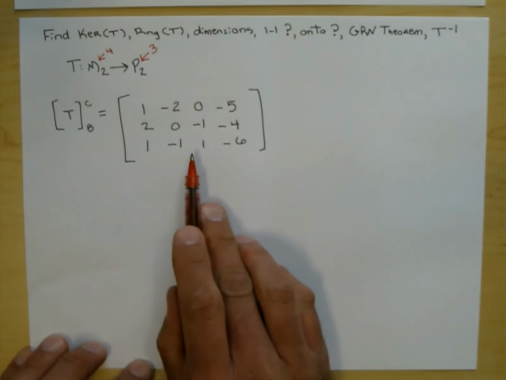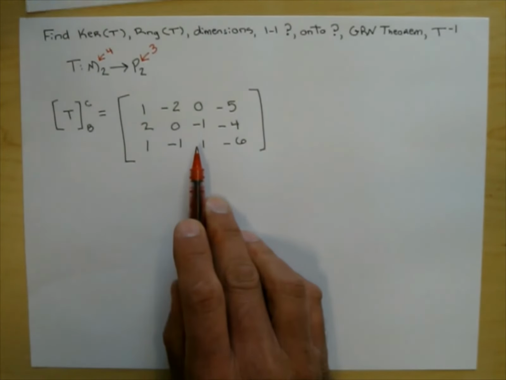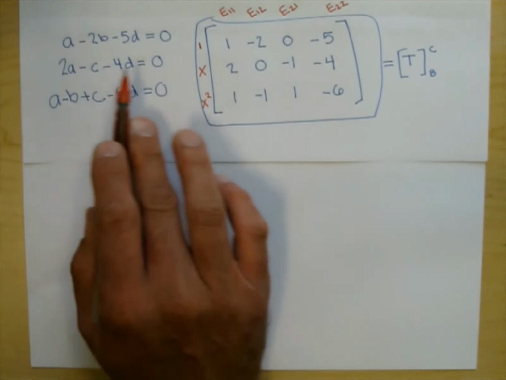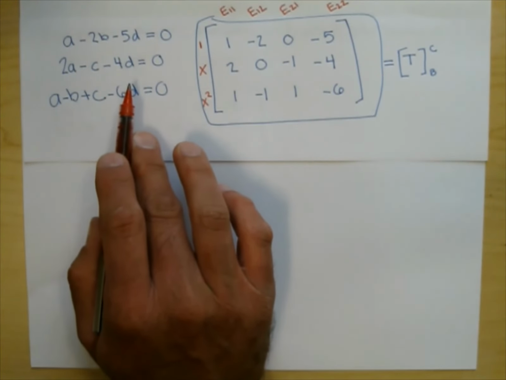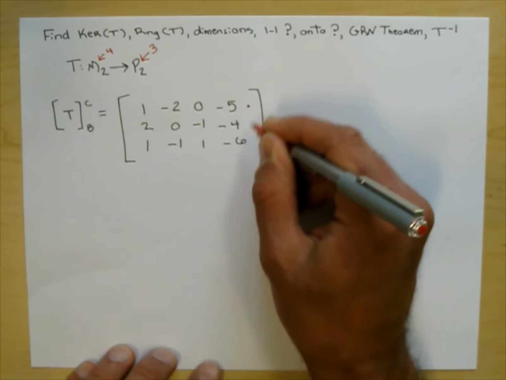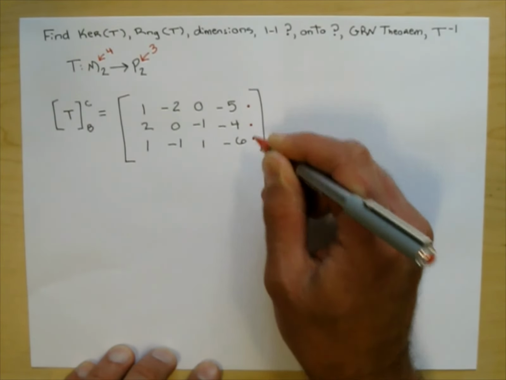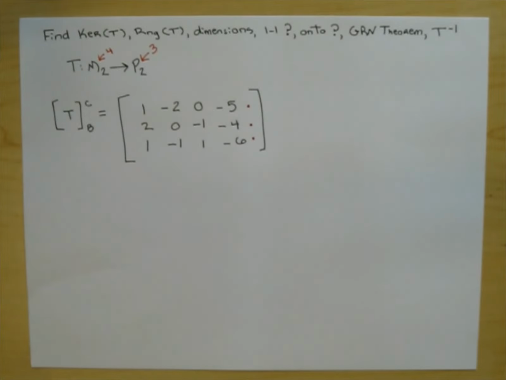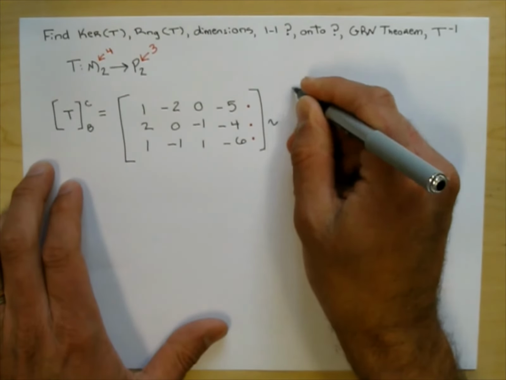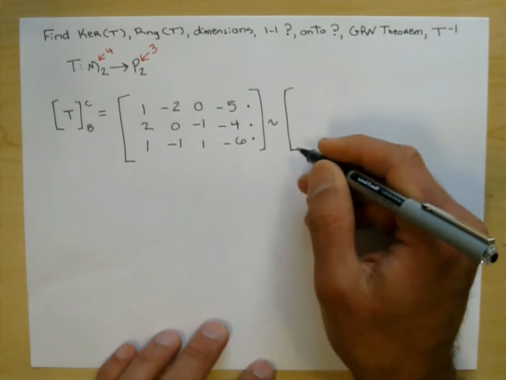What am I actually trying to find on this matrix? We are really trying to find the null space of that matrix. I'll put some zeros there in red. And then what do we have to do with that matrix? We have to do row operations. So I'm actually going to do the row operations for you.